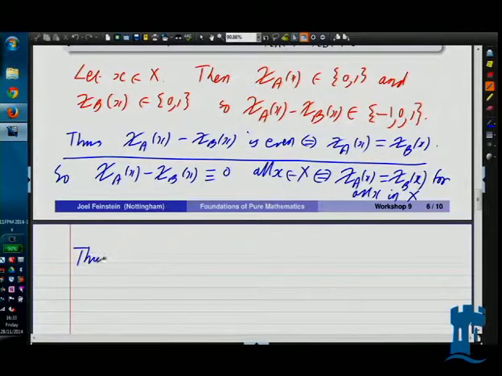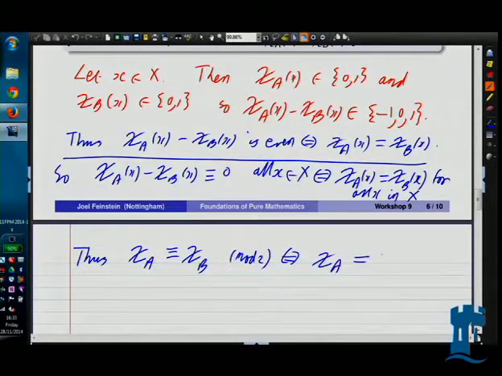Thus, chi_A is congruent to chi_B mod 2 if and only if they're the same function. Literally, they take the same values at everything, which is if and only if A equals B. You don't have to do it that way; there are other things you can do, but that's my suggestion.